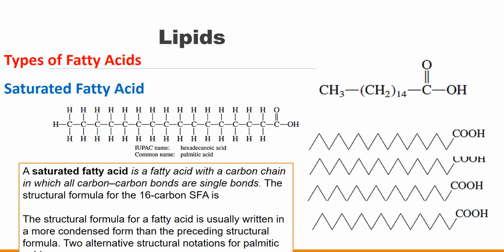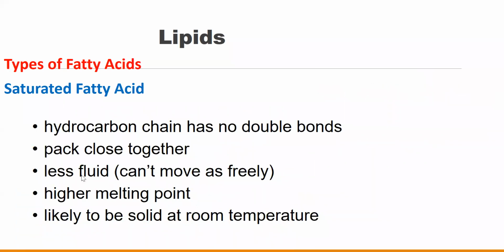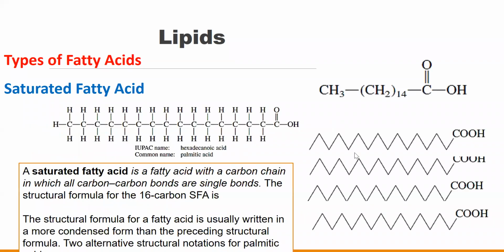Because of that, you can see from the structure that we can pack these fatty acids along with other chains of fatty acids. And there is a strong interaction along this chain length. The force of interaction between the hydrophobic tails could only be due to van der Waals or hydrophobic interactions.